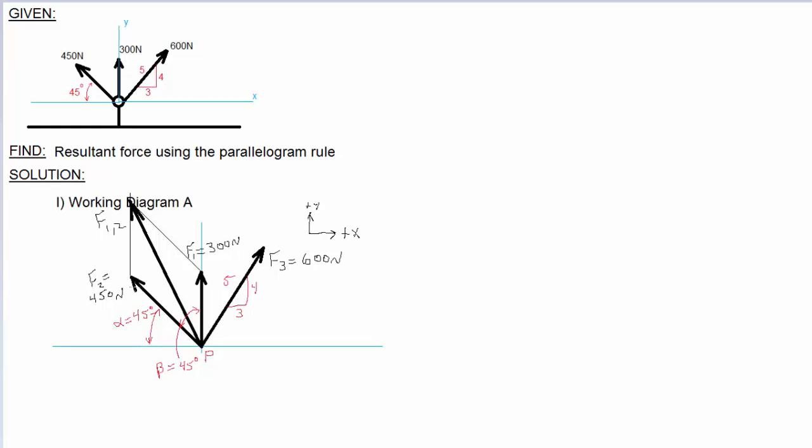Now we also need to know some other angles. This angle over here is what I'll call delta. I'm sorry, gamma. And you might wonder how we're going to figure out what gamma equals. Well, that's where a little thing called an auxiliary computation comes into play. Below the diagram, or to the right of it, is also a good place.